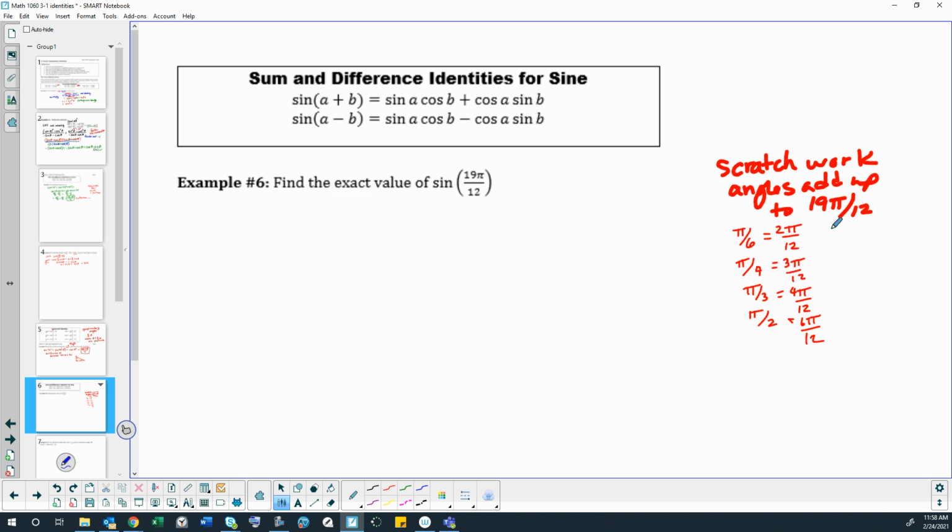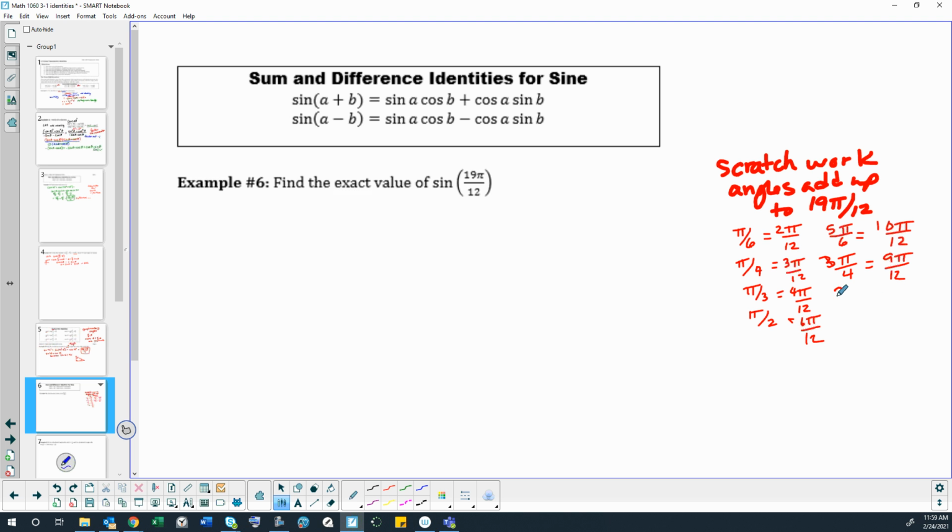Let's go to maybe some second quadrant angles. So what about 5 pi 6? I guess I'm going to start with the big ones this time because I just wanted to kind of correspond them. So pi 6, 5 pi 6, that would be 10 pi 12ths. What about 3 pi 4ths? Oh, come on. 3 pi 4ths would be what, 9 pi 12ths? Oh, what do you notice?